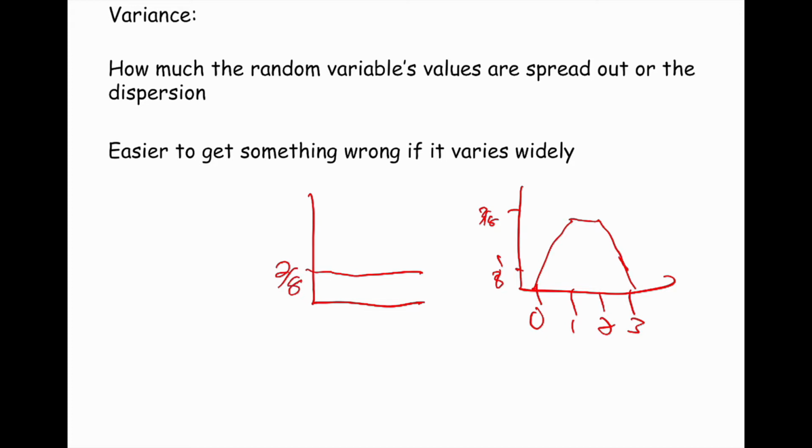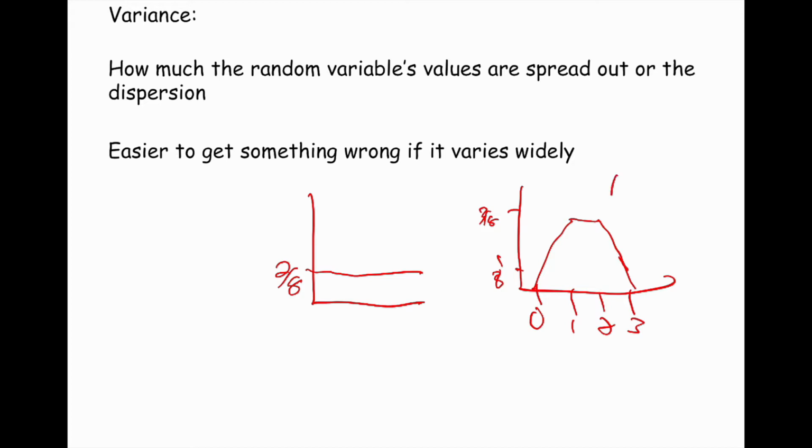When you vary more widely, it's easier to get your guess wrong. So variance is a really important quantity in describing the behavior of a system. Okay. Any questions about this? No? All right.